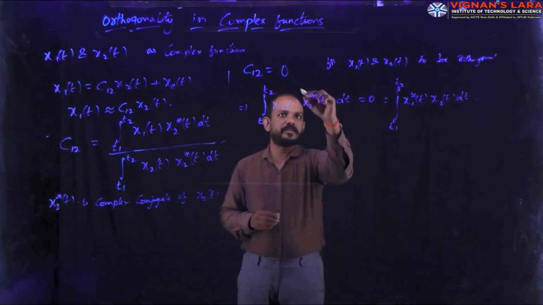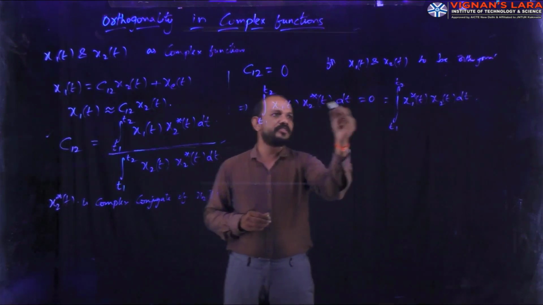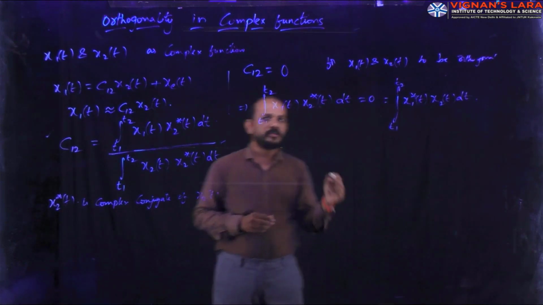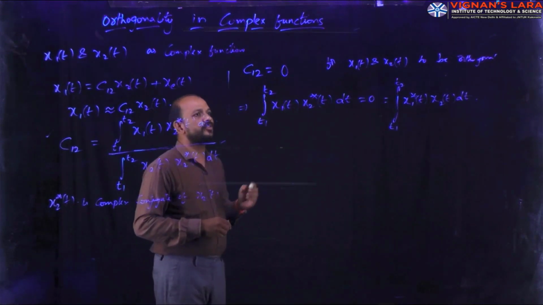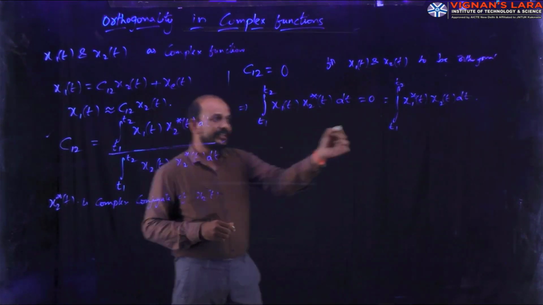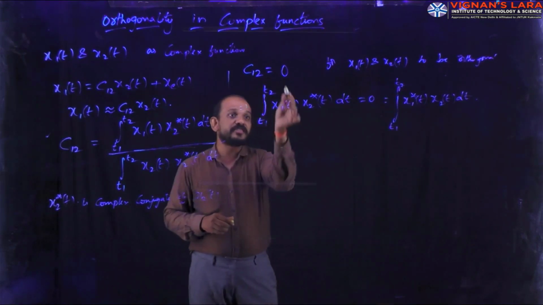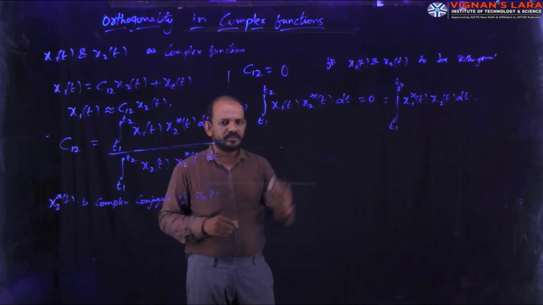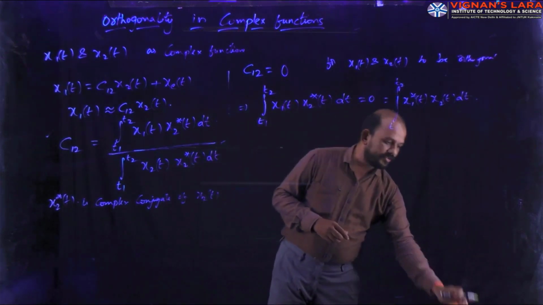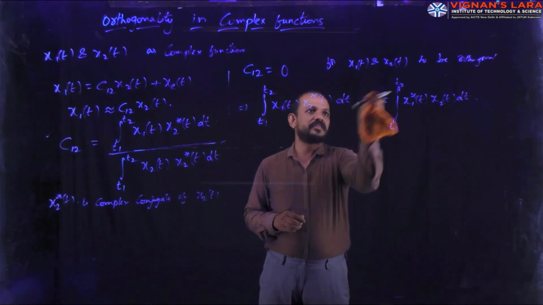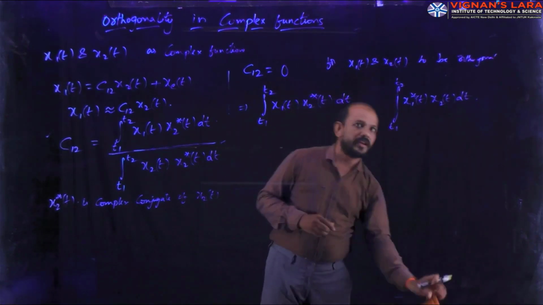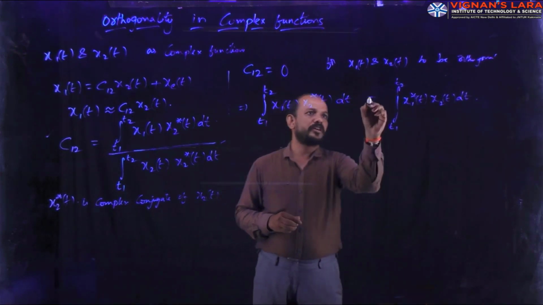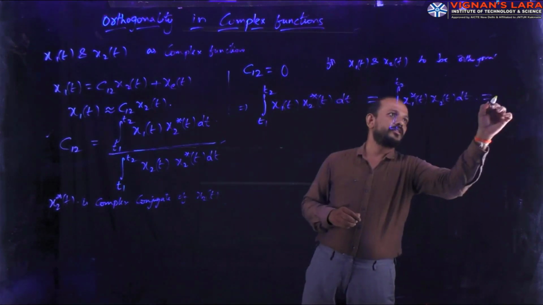Both are the same. So if this value is equal to 0, this value is also equal to 0, because both are the same. We can mathematically prove that also. If you go through the formulas, both will give the same answers.